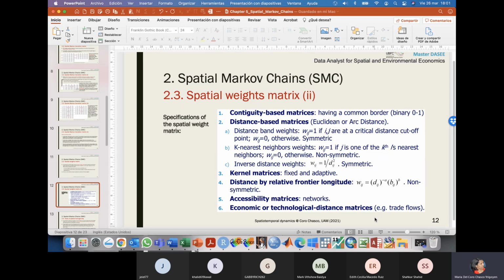Sometimes pure physical weight matrices could be enough, because what you do in the models, at least in classical econometric models, is absorbing connections or relationships between variables on average.